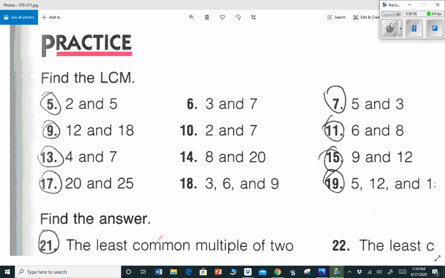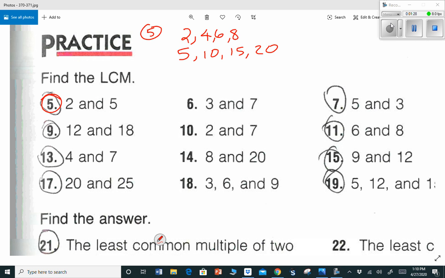So here's how least common multiples work. You need to write all of this stuff down in your notes. For number 5, we're going to find the LCM of 2 and 5. You just write the two numbers, 2 and 5, and then count by 2s for a little while, count by 5s for a little while, and see if you have any numbers that appear in both lists.